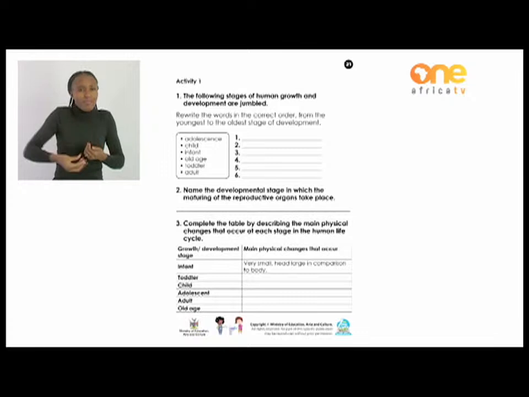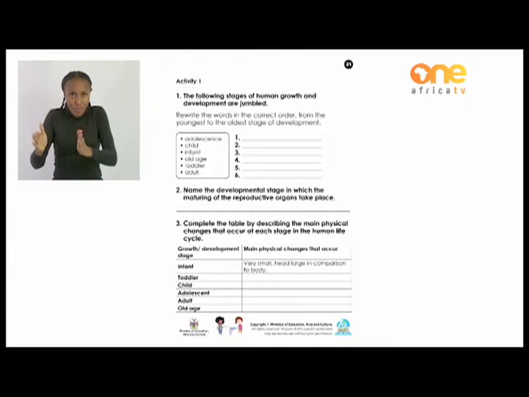We have growth or developmental stages on our left: infant, toddler, child, adolescent, adult, and old age. And then on our right side, we have main physical changes that occur. Infant is already done for you as an example. So you have now to continue with the rest by giving all the details regarding each stage of development.